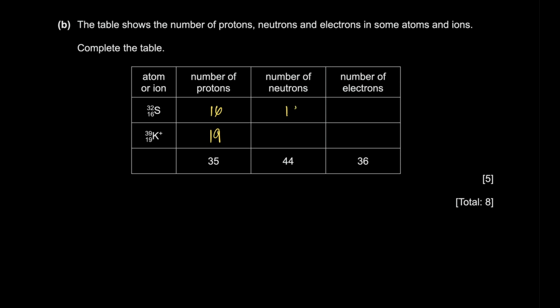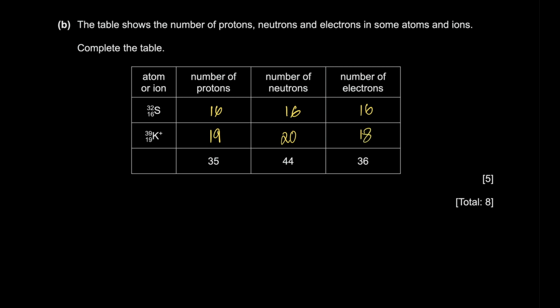Oh my god, 16. 39 minus 19 is 20. I'm not too wrong, yeah. Sulfur should have 16 electrons, because this is 16, but it has no charge, so it has to be 16 as well. This should be 19 as well, but it has a charge, so 1 less.